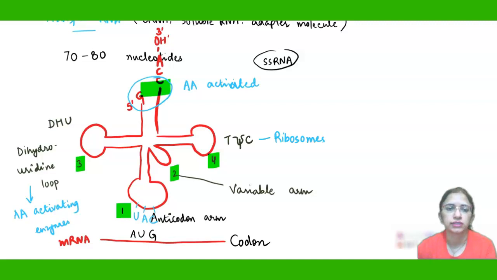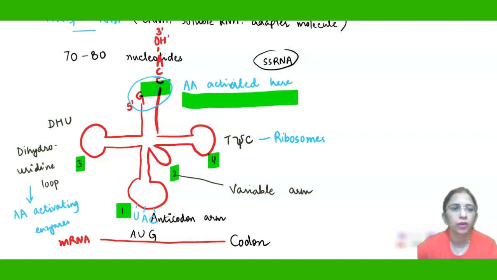This is the structure of tRNA, which shows the DHU loop, the anticodon loop with its arm, the T psi C loop, and the variable arm, because the number of bases in it may vary. The above arm, just opposite to the anticodon loop, is the place where the amino acids will be activated for the translation process.